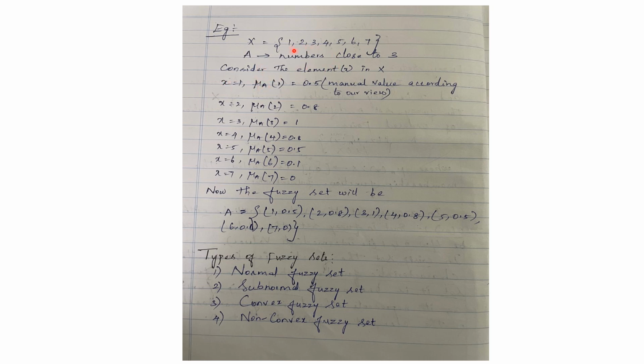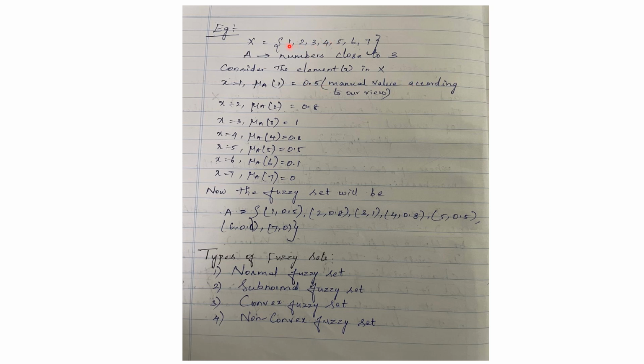So small x, first we are going to take 1. So small x equal to 1. The mu A of 1, that is the membership value of 1, will be 0.5. How we get the 0.5 value is that this is our assumption. Manually we can set any value between 0 and 1.